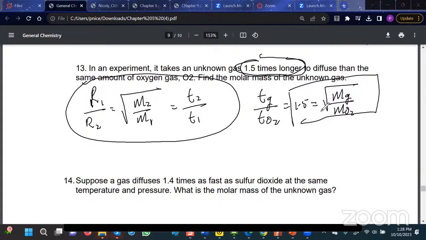You need to do what? Okay, so we need to get rid of the square root sign by doing what? Square both sides. So we square both sides of this equation. You're going to get 1.5 squared is equal to the molar mass of the gas divided by the molar mass of oxygen, right? And then what?